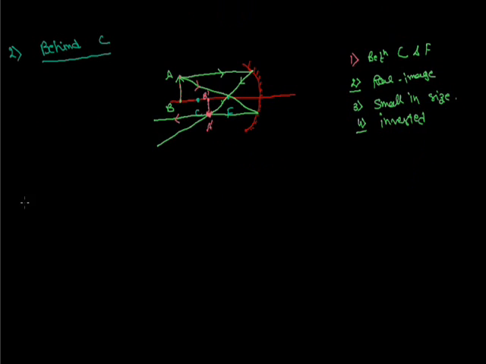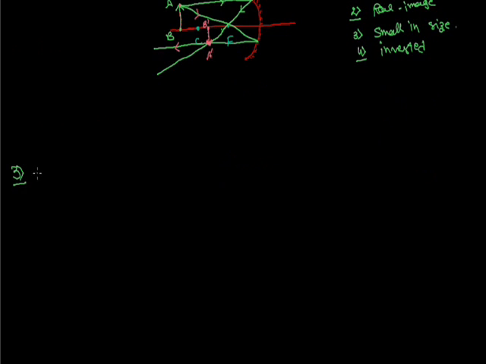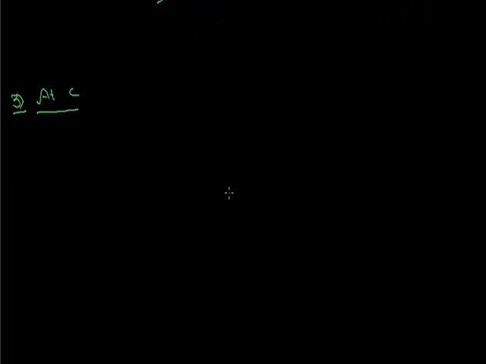Point 3: when the object is placed at the center of curvature, that is at C. When we place the object at the center of curvature, let us suppose this is a concave mirror, this is the principal axis, this is the center of curvature, and this is the focus.